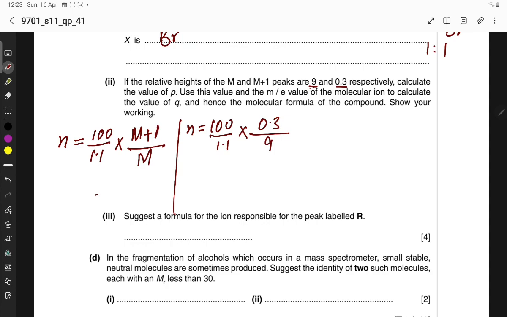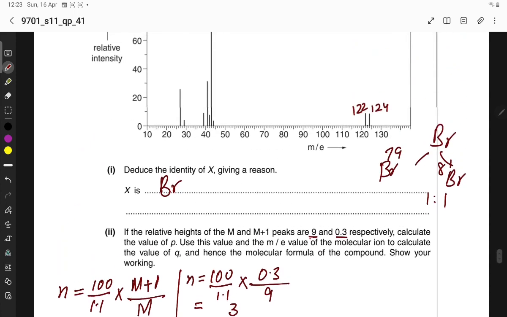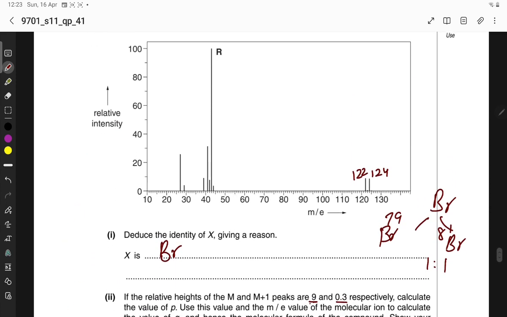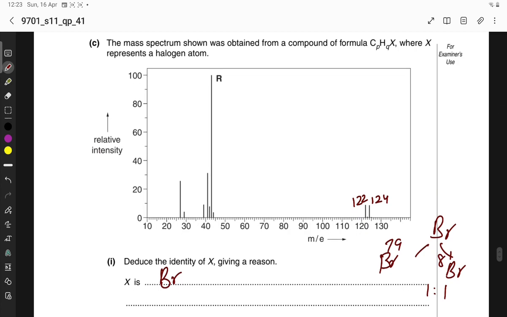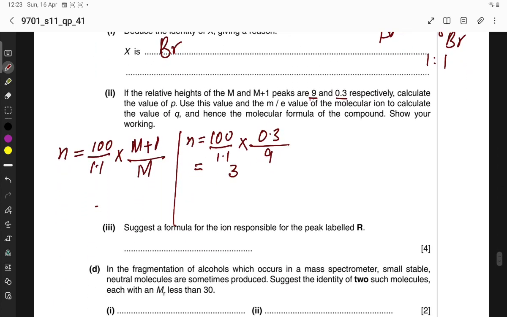So this is equal to 3. It means we have C, P, H, Q and X.